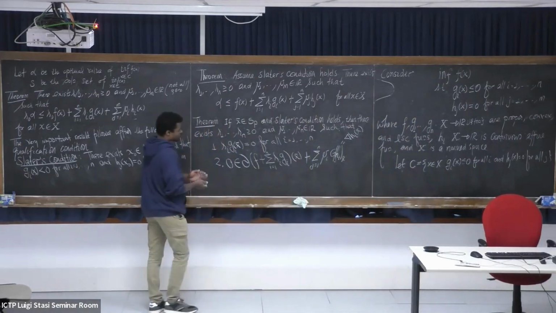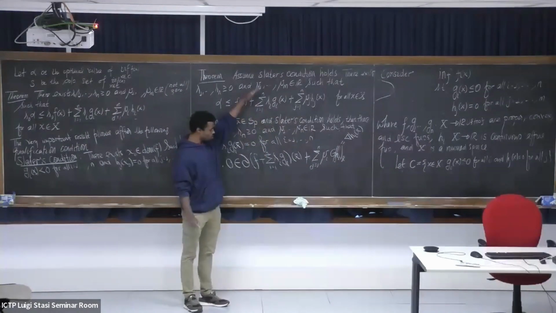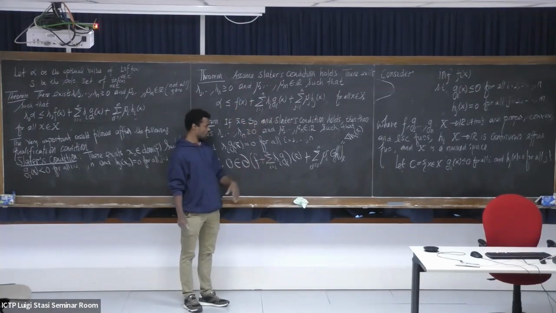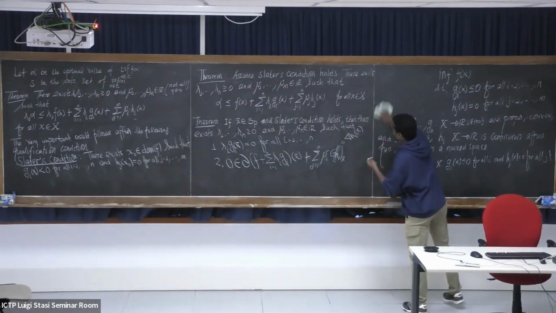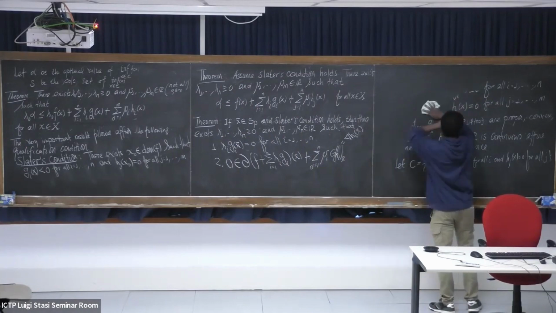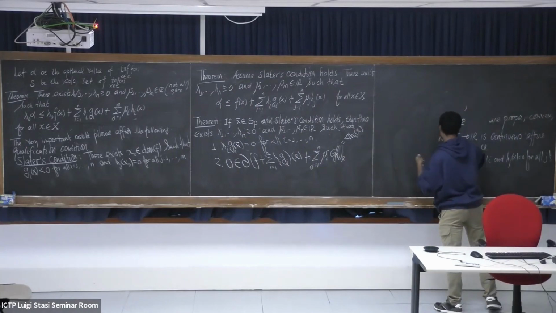So if this is a solution and Slater's condition holds, we can say there is something with these combinations of functions. How about the converse? The equivalent form of its converse is this.